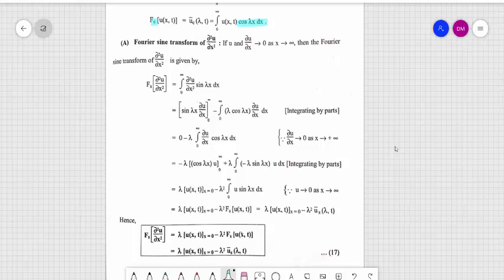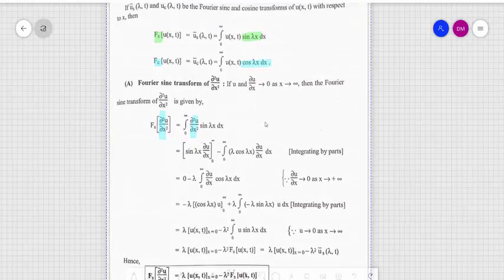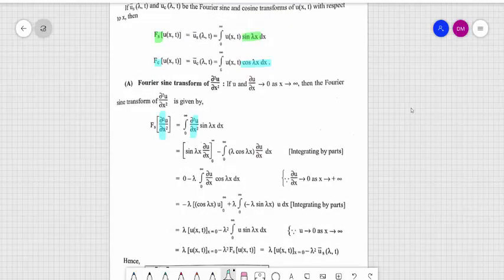So again, apply the definition. This is the definition of the Fourier sine transform, just as we have seen earlier. Again apply the by-parts rule. This is our first function, sine, and the derivative is the second function.